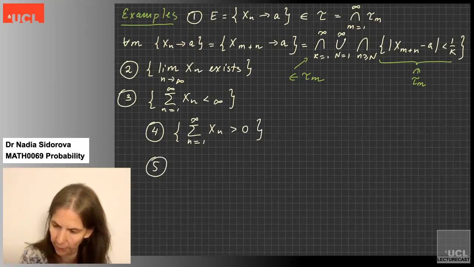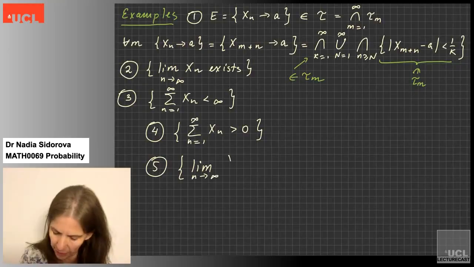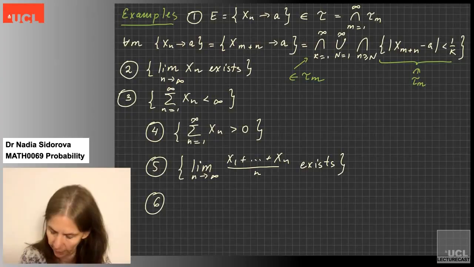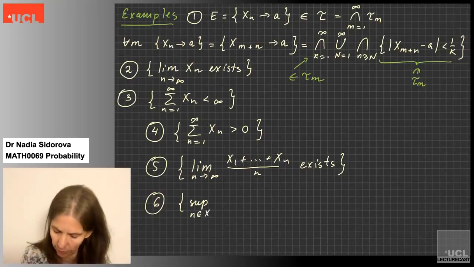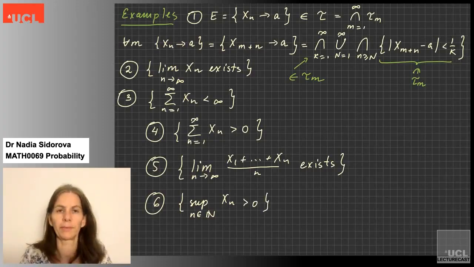Fifth, the limit of the averages x1 plus ... plus xn over n exists, and the last one, the supremum over all n from natural numbers of xn is positive. Okay, so you can either pause the video now or just hear from me what the answers are.